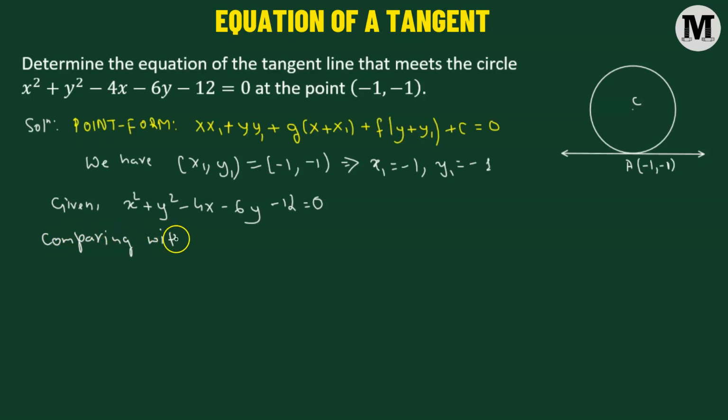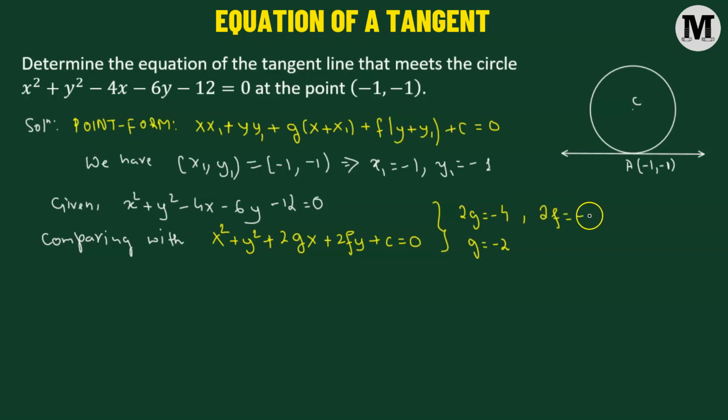The general equation of the circle is given by x squared plus y squared plus 2gx plus 2fy plus c equals 0. So that means our value of 2g is -4, which gives us the value of g as -2. Then we have 2f equals -6, which gives us the value of f equals -3. And then we have the value of c, that's -12.